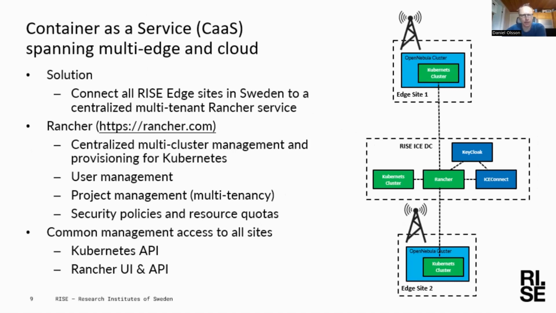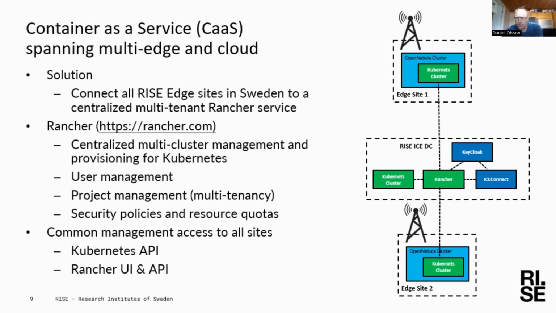In addition to infrastructure as a service, we also provide a container as a service, and for this we have used Rancher, that is an open source multi-cluster management and provisioning framework for Kubernetes, and we have clusters at both the data center and also at the edge sites.